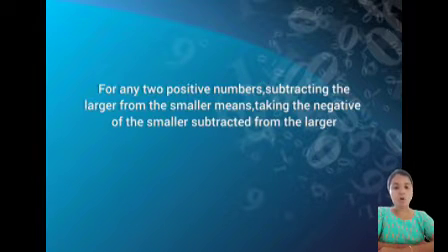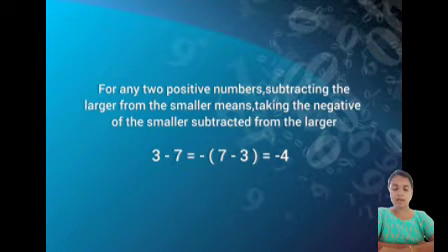For any two positive numbers, subtracting the larger from the smaller means taking the negative of the smaller subtracted from the larger. That is, 3 minus 7 is equal to minus of 7 minus 3, which is equal to minus 4.